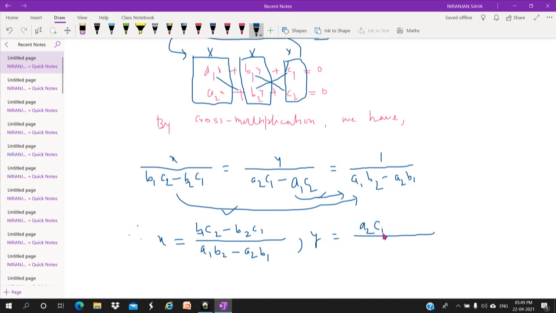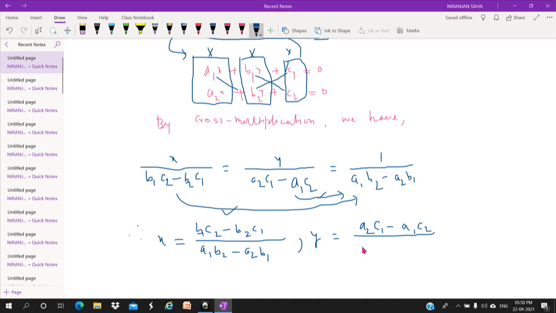This is a very easy method, but if you do not have enough practice you cannot solve correctly. You need enough practice to solve through cross multiplication. At senior level it is widely used. These are the working formulas, working rules to solve with these two methods.